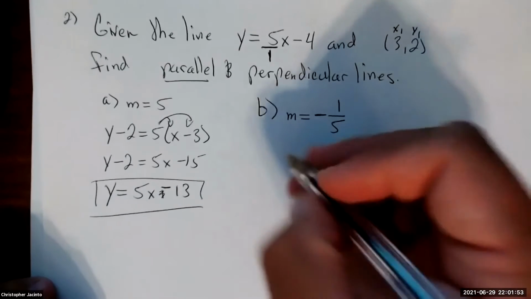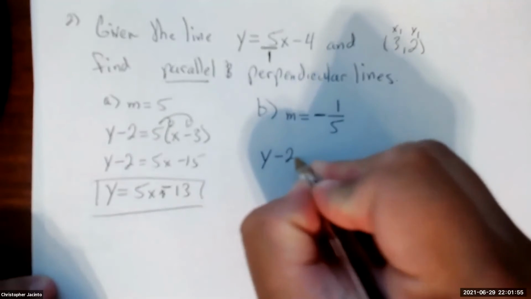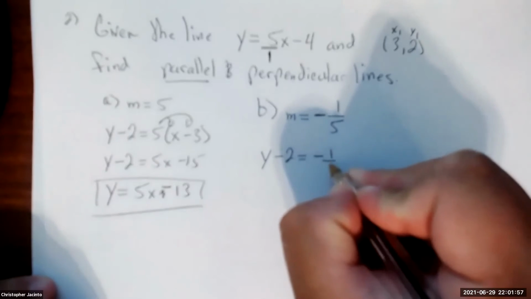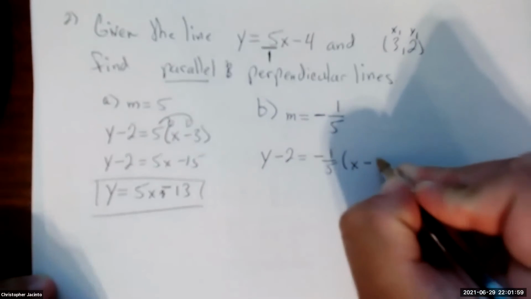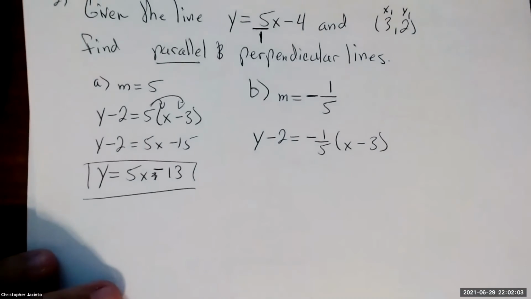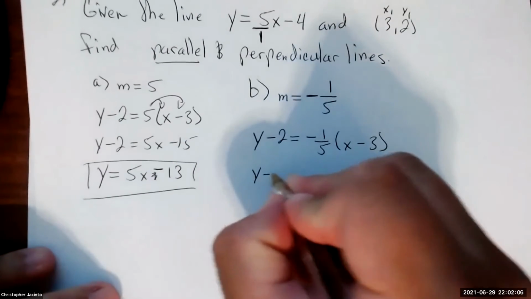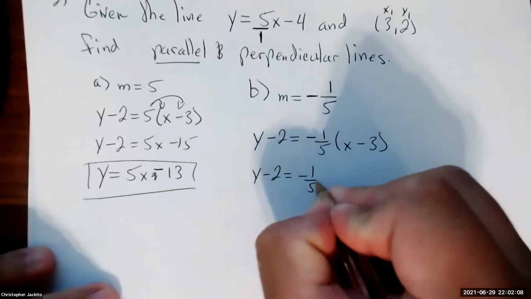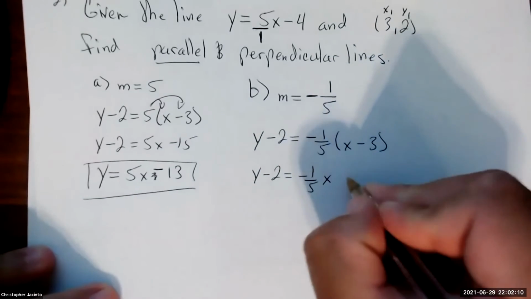And then again, we just plug it in. So it'll be y minus 2 is equal to negative 1/5 times x minus 3. Okay, distributing this. Minus and minus makes positive.